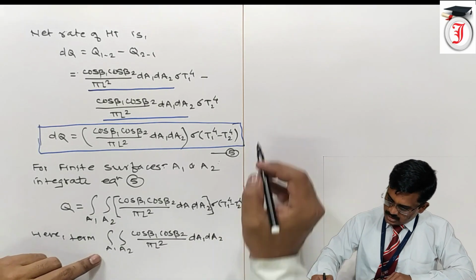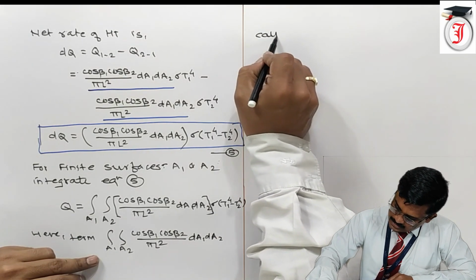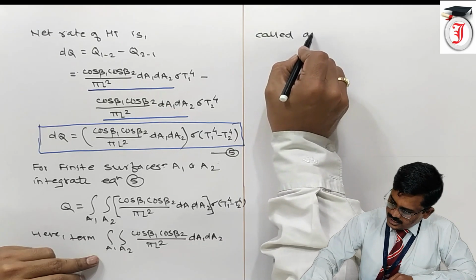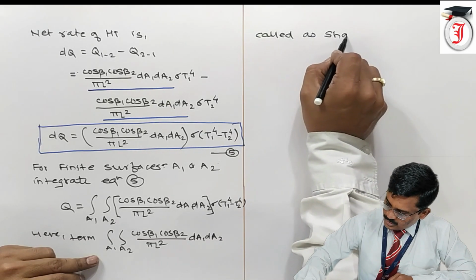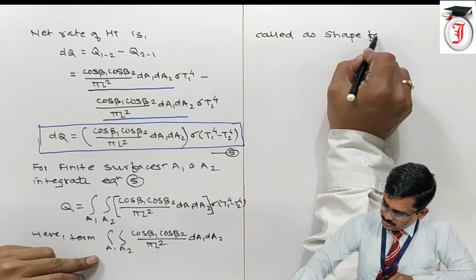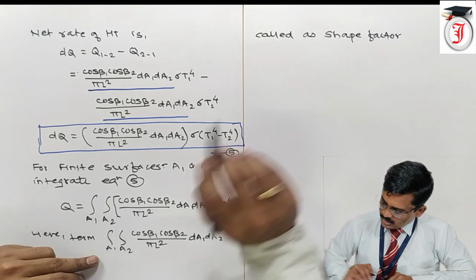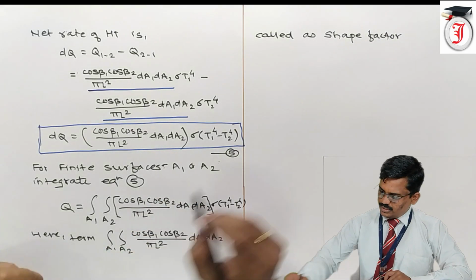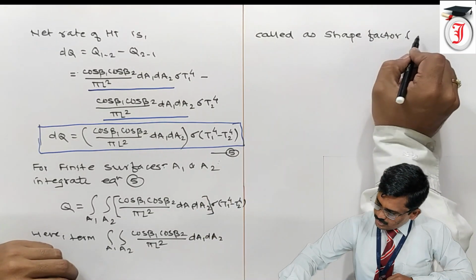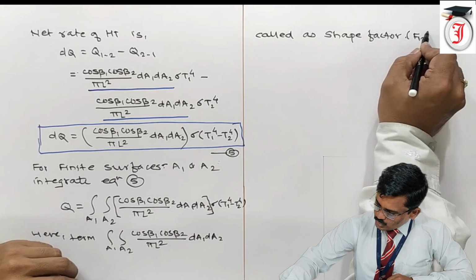This is the shape factor and it is denoted by F12.